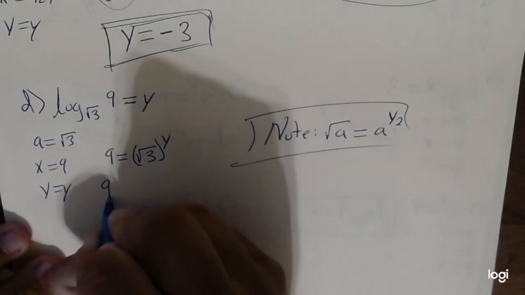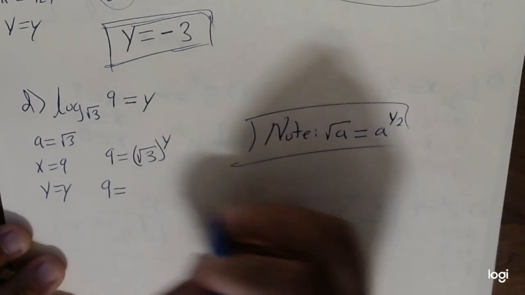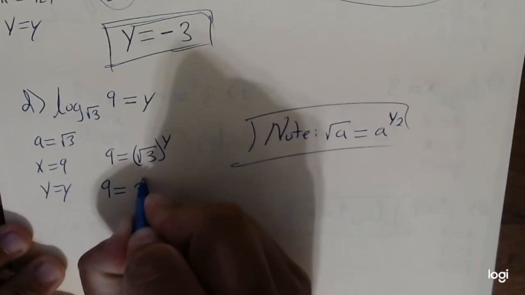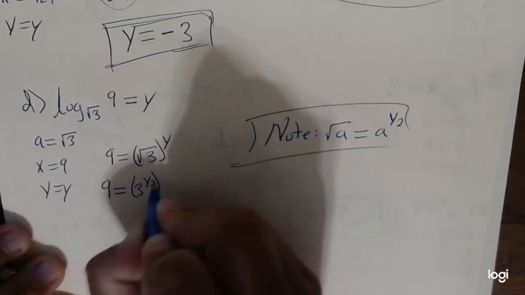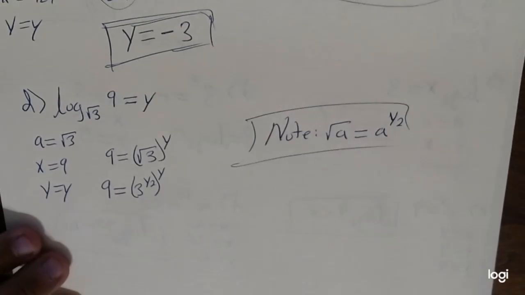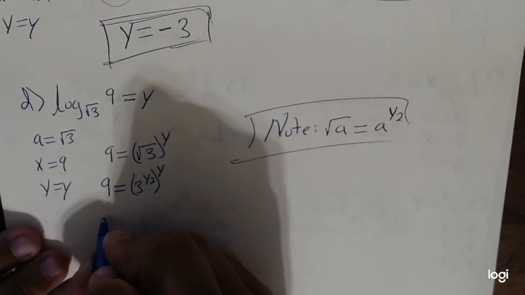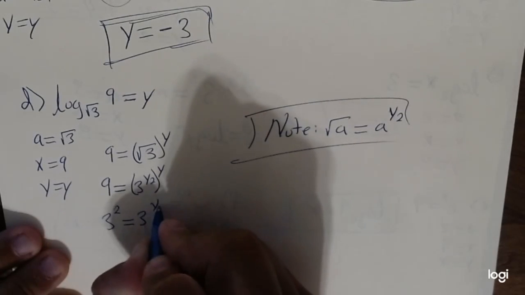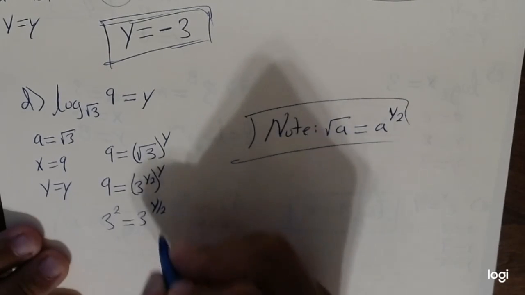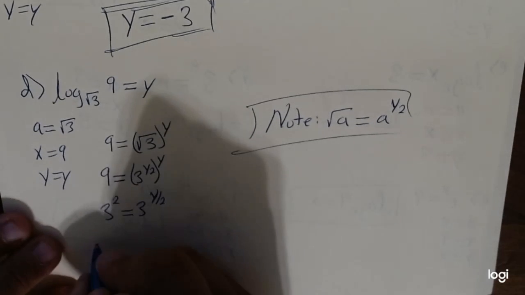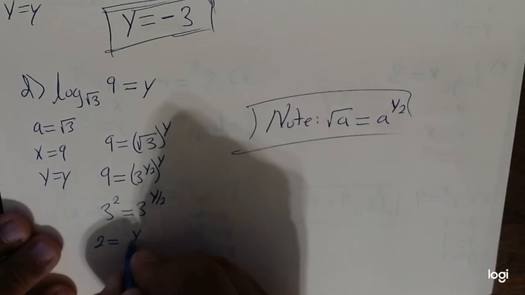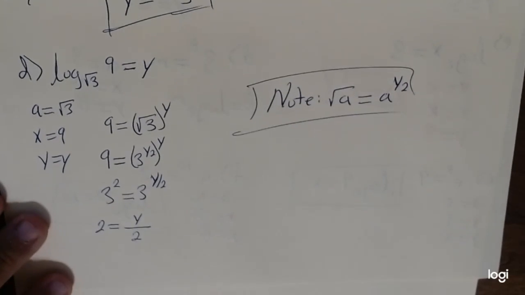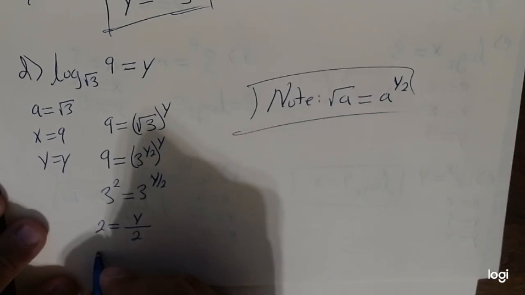So this is 9 equals 3 to the 1/2 power times y. And again, 9 can be rewritten as 3 squared. So notice this becomes y over 2, so this becomes 2 is equal to y over 2. Solving for y means multiplying both sides.